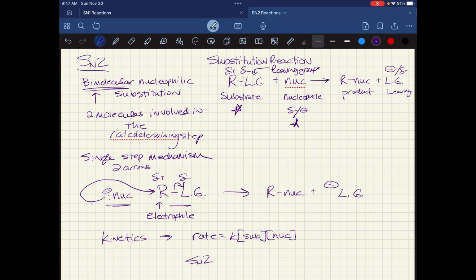Because usually the nucleophile is already negatively charged. It can't rearrange because it's a simultaneous single step reaction. And usually the leaving group is something that's already going to be stable with a negative charge.